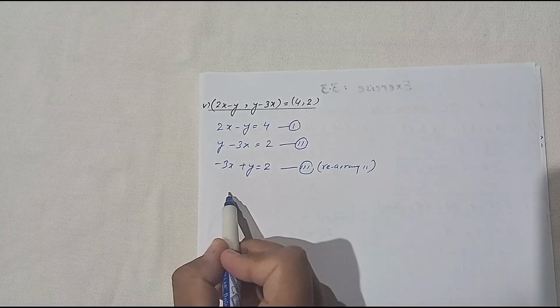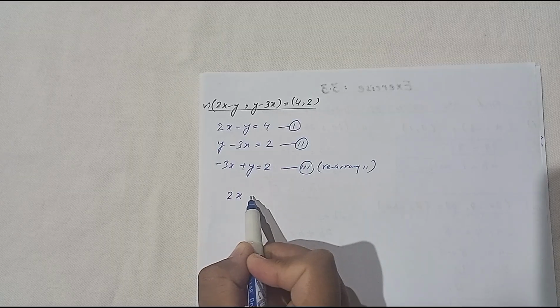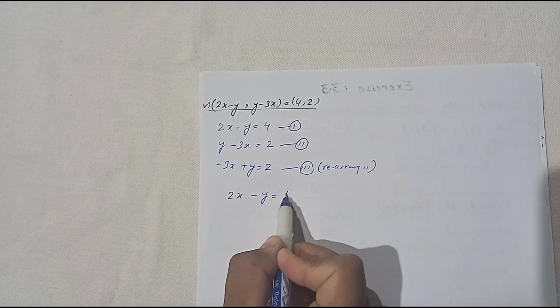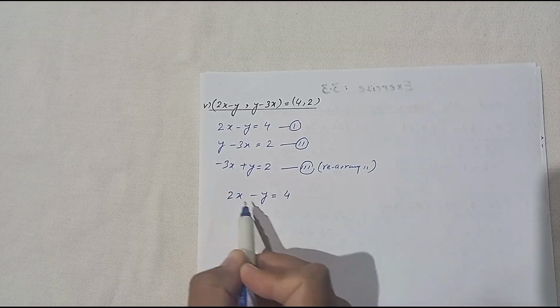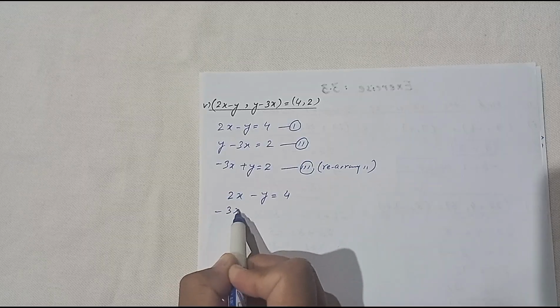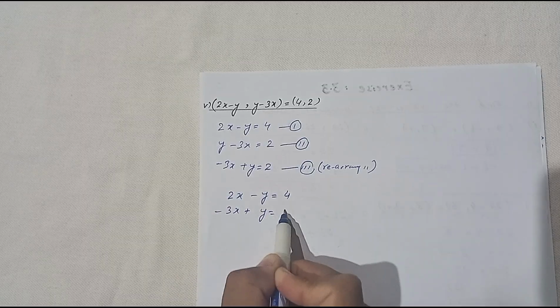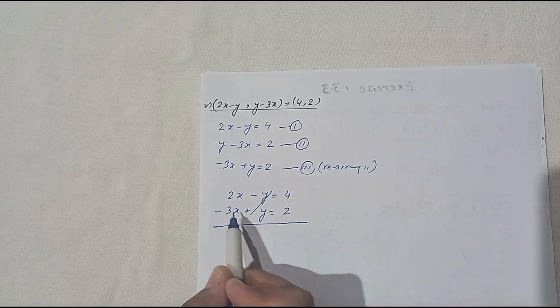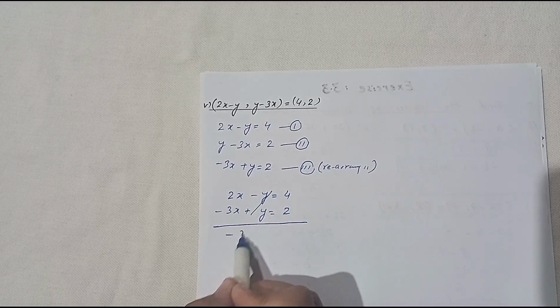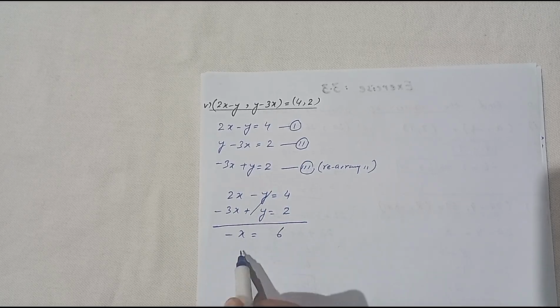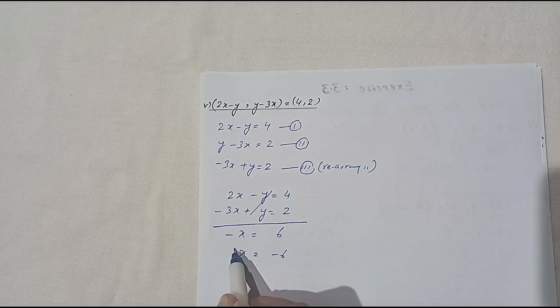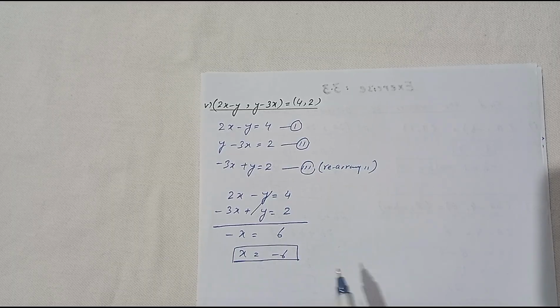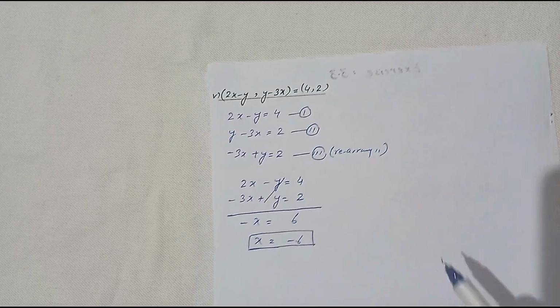So solving these two equations, adding equation number 2 and 3, plus 2 and minus 3 equals minus x, that equals 6, and the value of x equals minus 6.